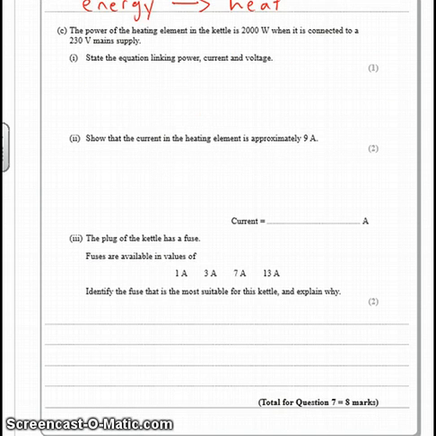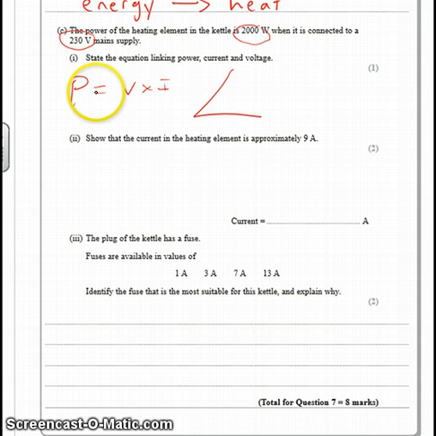For part C, we're told that the kettle has a power output of 2000 watts and it's connected to a 230 volt mains supply, and we've got to give the equation that links power, current and voltage, and that is power is voltage times current. Or if you remember a triangle, for those of you who like those, we could give any of the 3 equations that fit that.